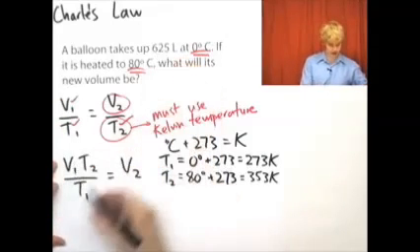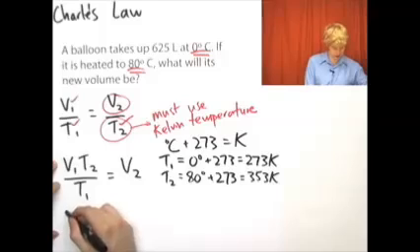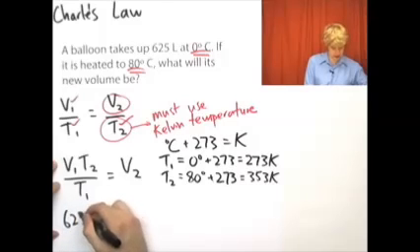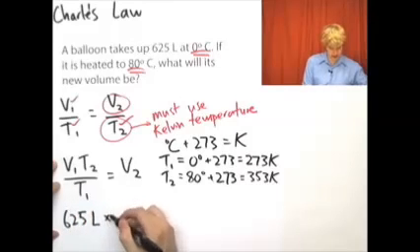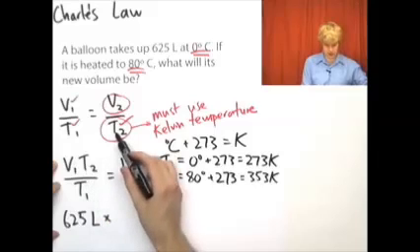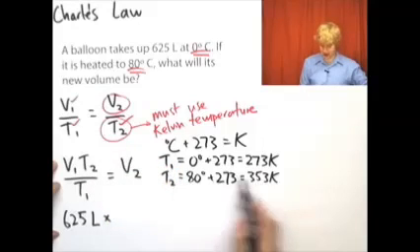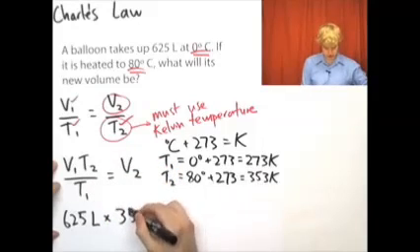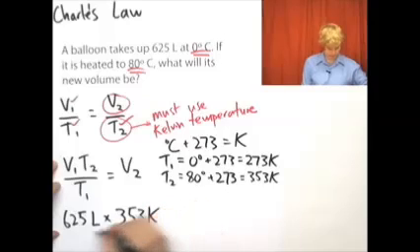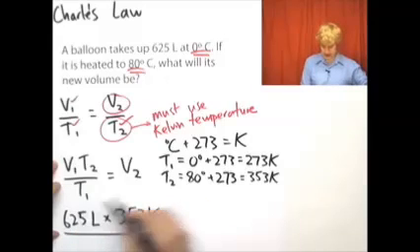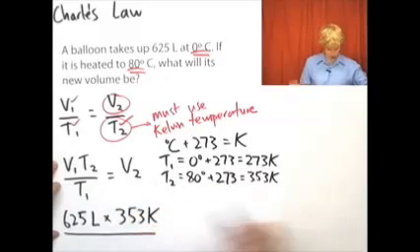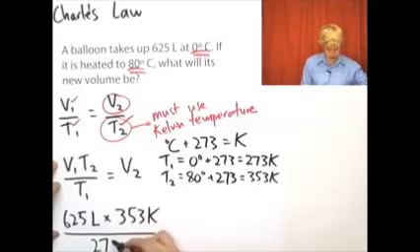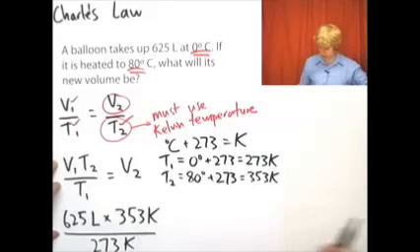V1, our initial volume, is 625 liters times our T2, which is, in kelvins, 353 Kelvin, divided by T1, which is, always use a Kelvin temperature, 273 Kelvin.